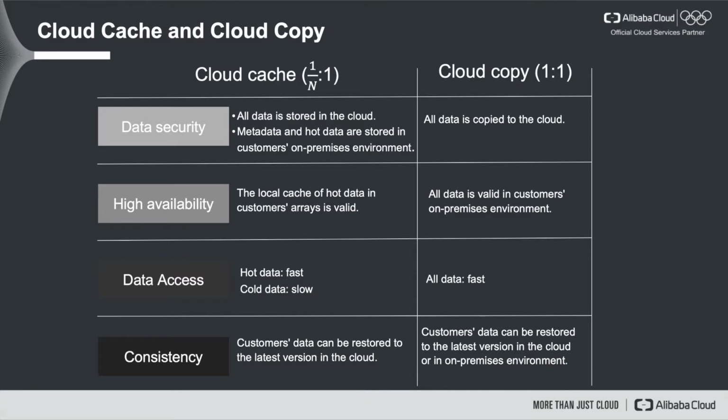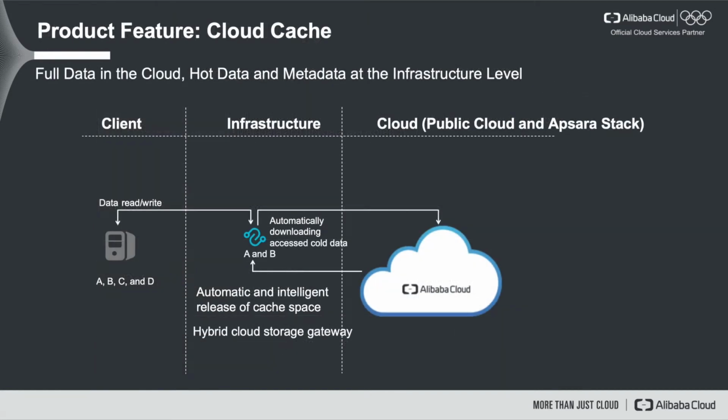The consistency difference between Cloud Cache and Cloud Copy is the following. Consistency in the Cloud Cache configuration means that data can be restored to the latest version in the cloud. Consistency in Cloud Copy means that customers' data can be restored to the latest version in the cloud or in the on-premises environment. On this picture, we see the following flow.